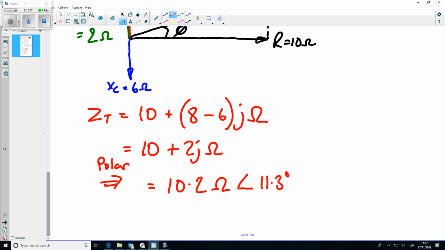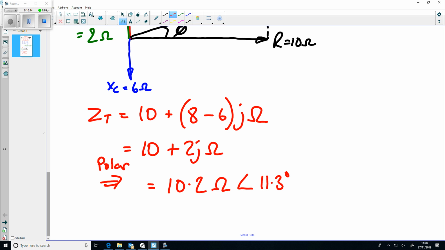When you're doing problems like this, it's worthwhile having both versions anyway, because then you can use the appropriate version later on in your calculations. Ultimately, if you're being asked to find the impedance, you want it in polar form, because that's the only form that gives you how many ohms it is and its angle.